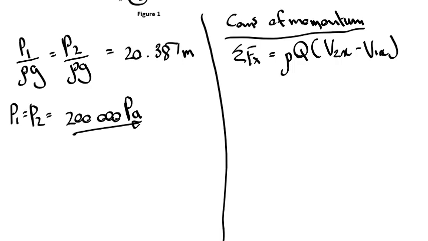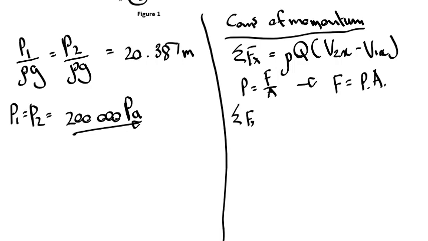Alright, so let's do our forces first. The sum of the forces in the x direction. So what will we have? Remember, to calculate a force, take note that pressure is equal to force over area. Therefore, if we have to do a force calculation, force is equal to P times A. We'll have to write the sum of the forces, so let's do that first part.